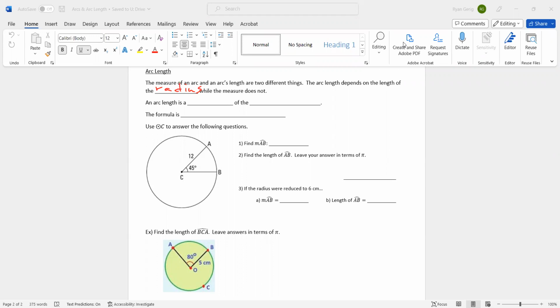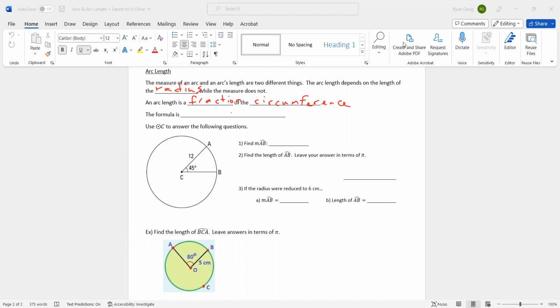The arc length is a fraction of the circumference. So remember, we talked about circumference at the beginning. It's the distance around the outside. So fraction of the circumference. So that leads us to the formula.